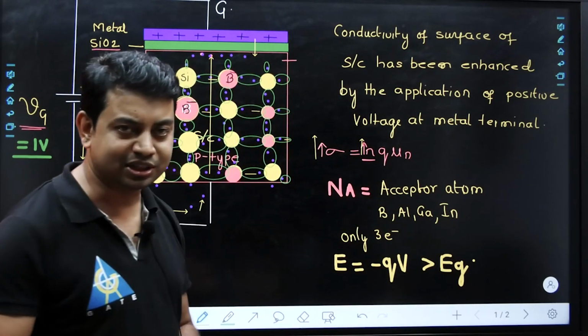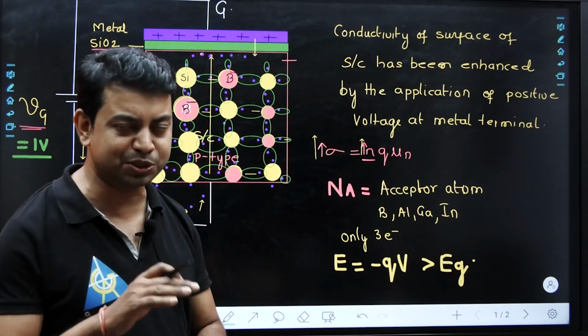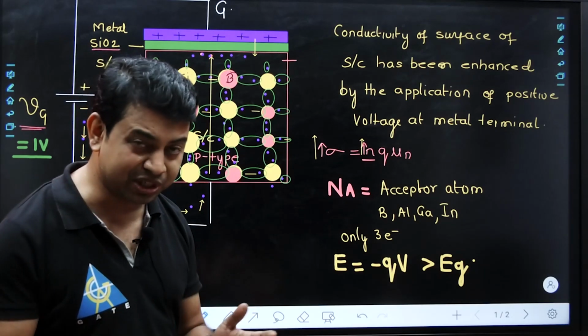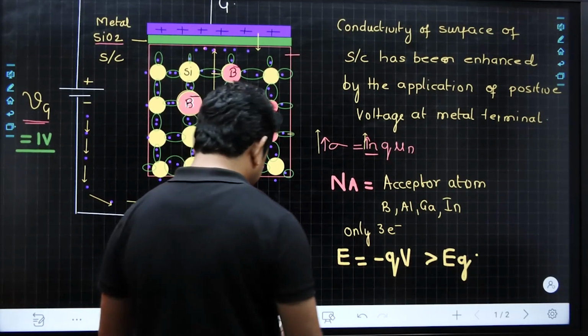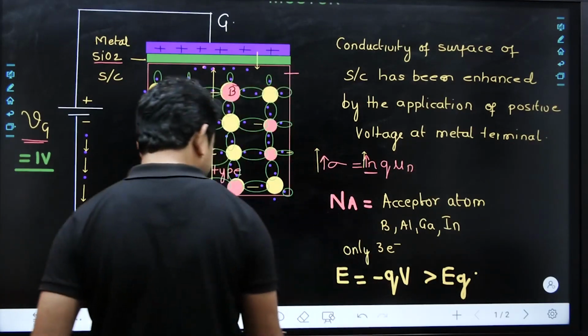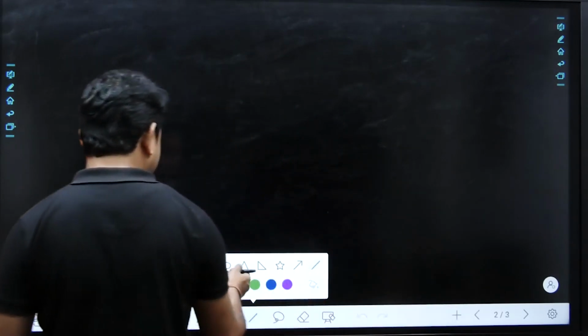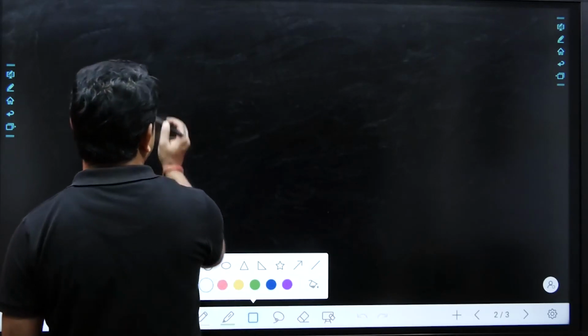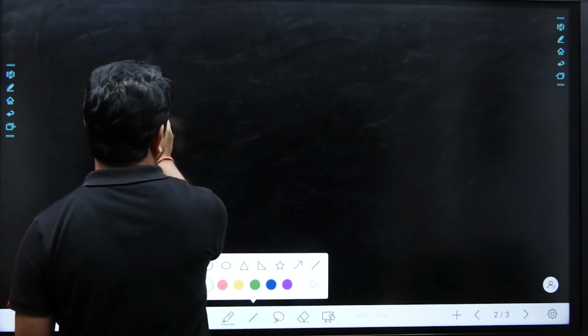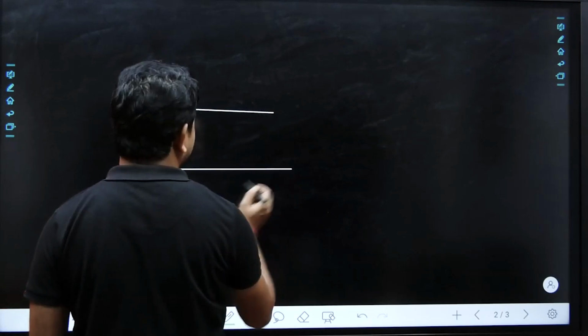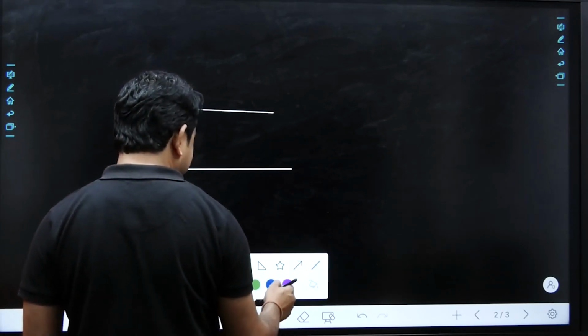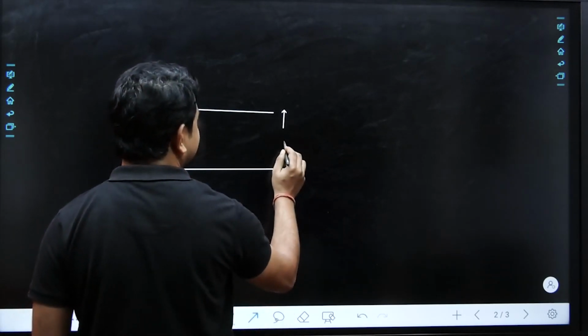Energy gap is the difference between the valence band and conduction band. If I draw a single line here and a single line here, then the difference between these two is nothing but the energy gap.